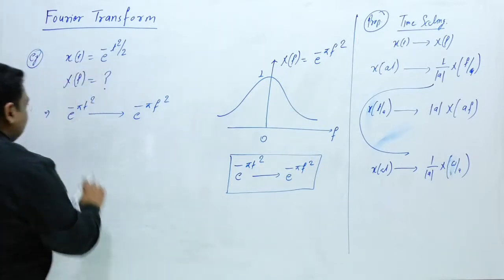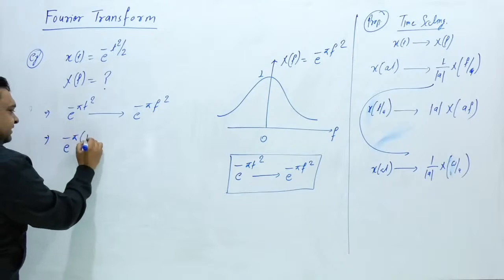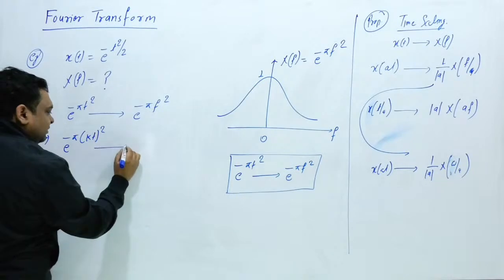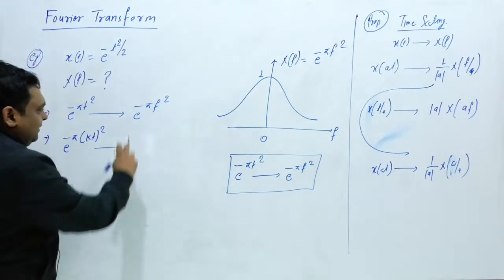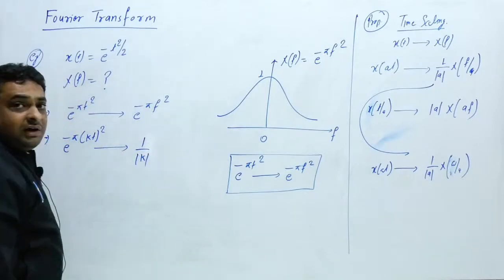Now if I multiply t by k, we get e raised to power minus pi k t square. Can I put it here? So x of t will be x of kt. So what will happen here? 1 upon mod k.